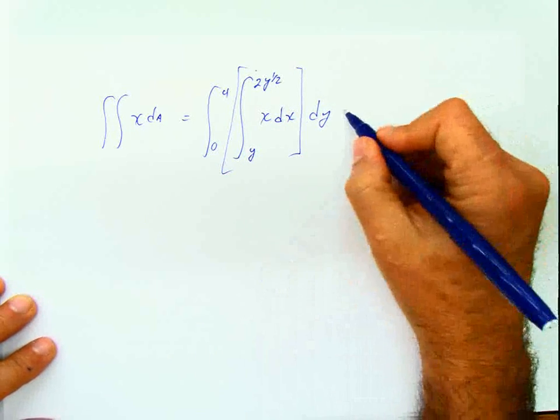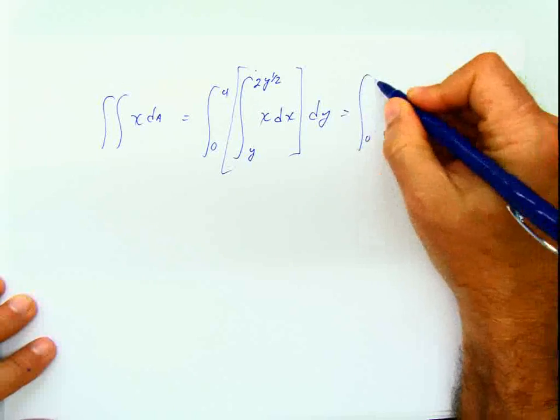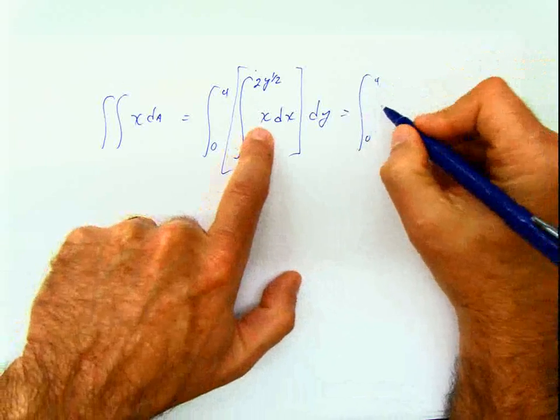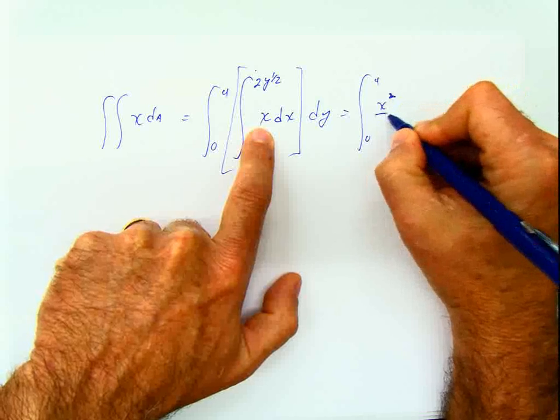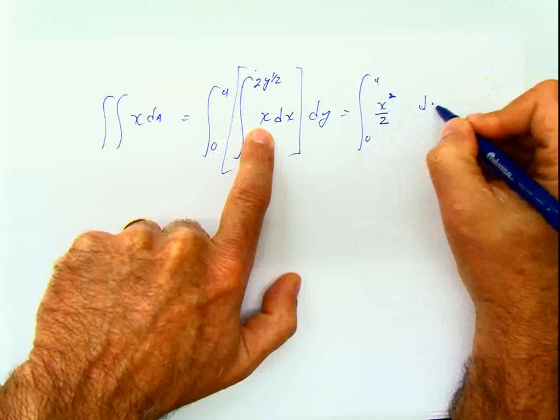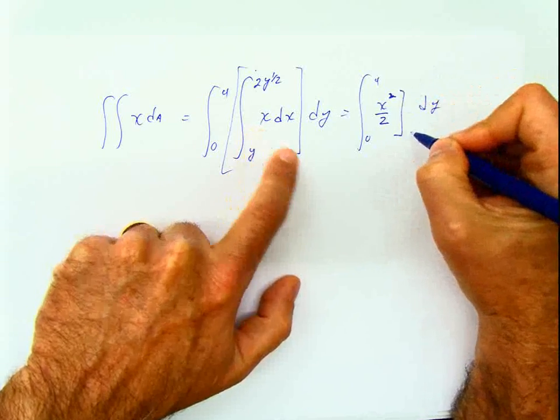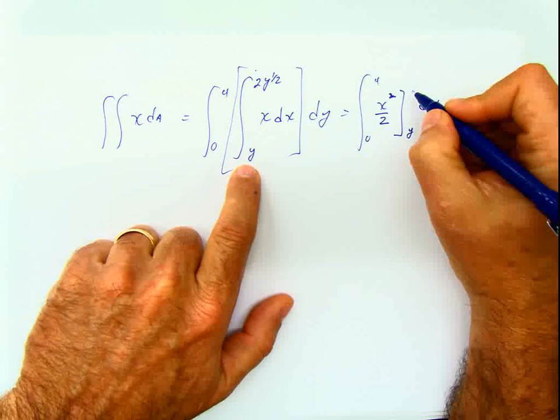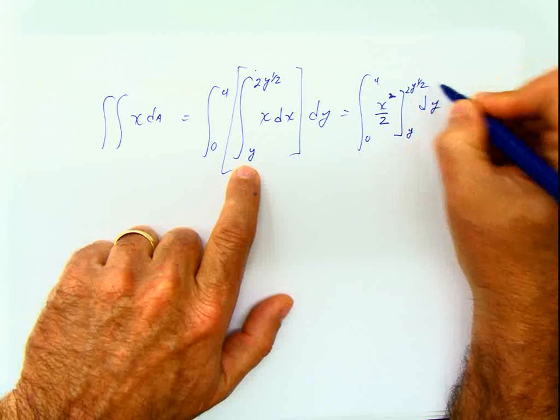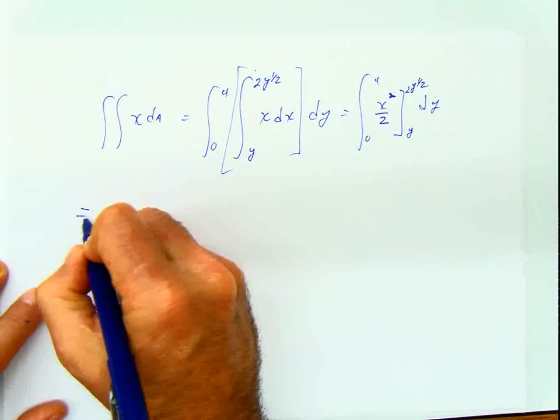So when you solve this, it is going to be the integral from 0 to 4 of x squared divided by 2 dy, evaluated between y and 2y to the 1/2.